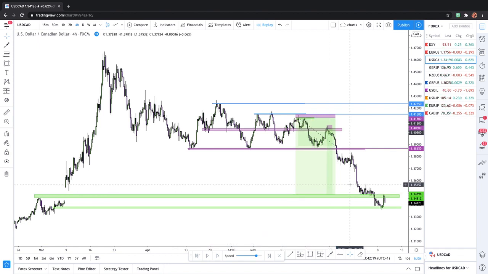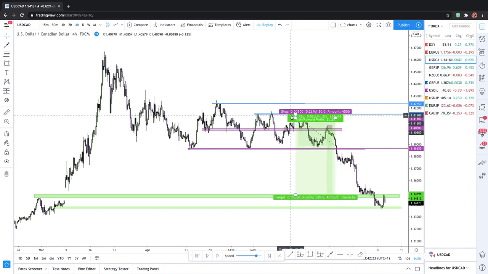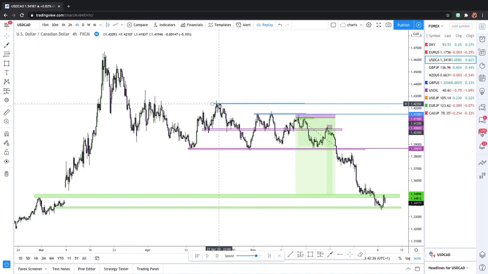There you go. Just from that one entry, or just from those two entries. But again, even if you held it from here, that would be 750 pips here, 865 pips here. So that's how you do it, just off those major zones.